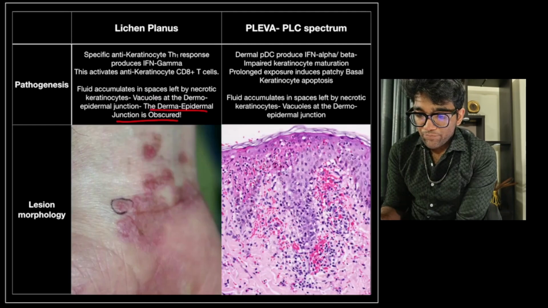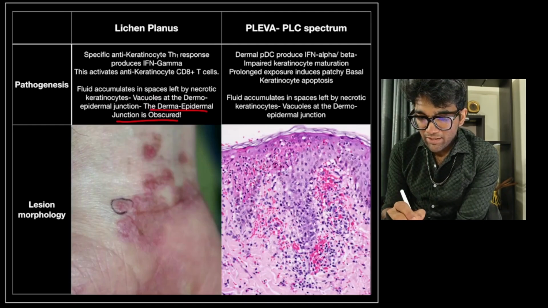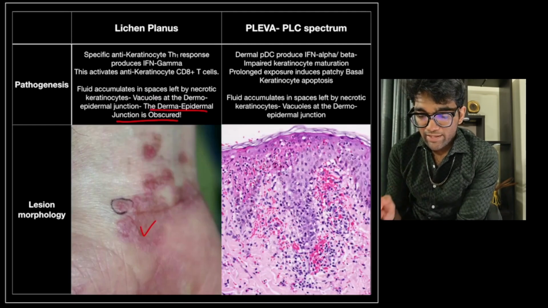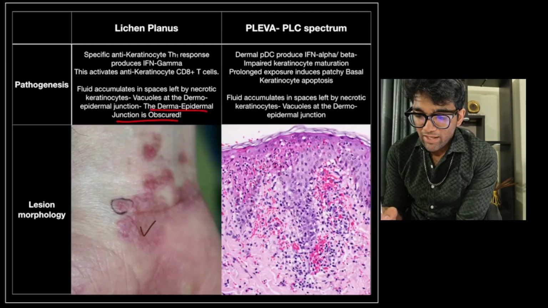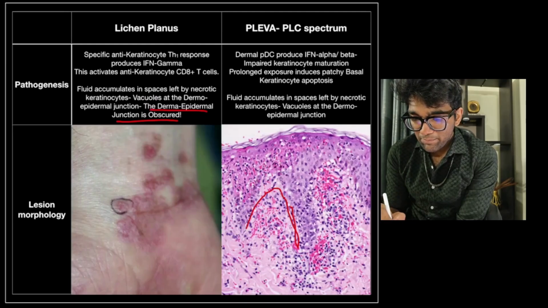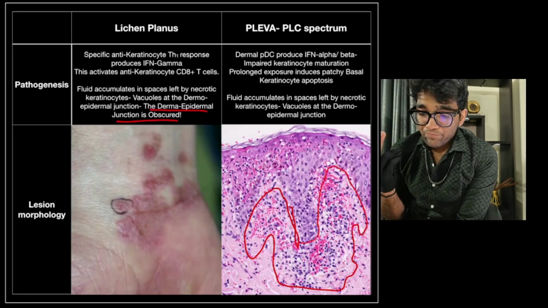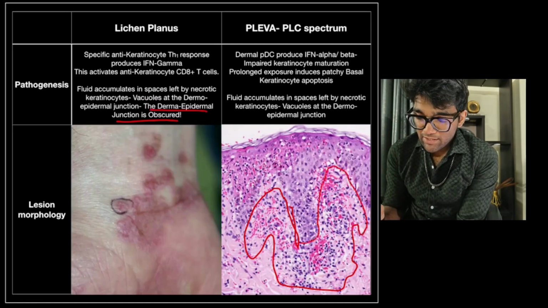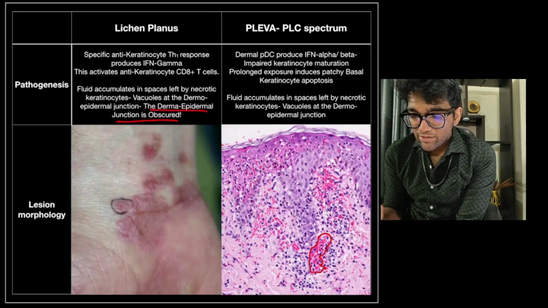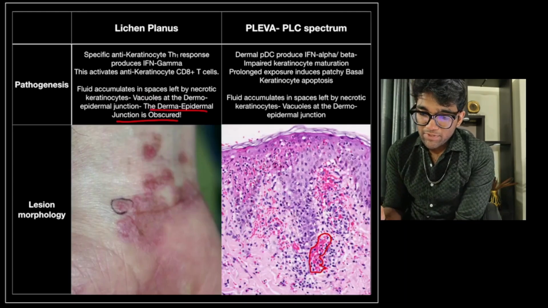Again, you can see it is similar to what you saw on this side in the lichen planus spectrum, but with a much smaller number of lymphocytes, which have infiltrated the superficial dermis, and there appear to be some RBCs leaking into the epidermis.